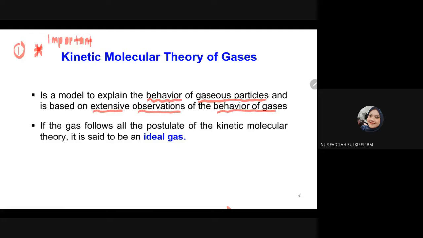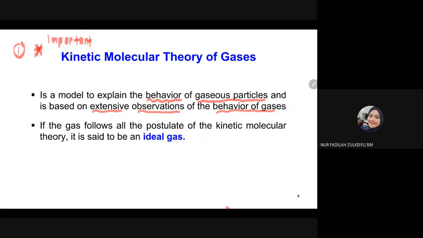We come up with satu teori nama dia kinetic molecular theory of gas. If any gas follows all the postulates listed in kinetic molecular theory ni, maka gas itu dikatakan bersifat sebagai ideal gas.